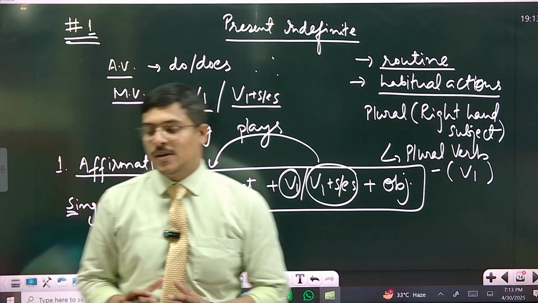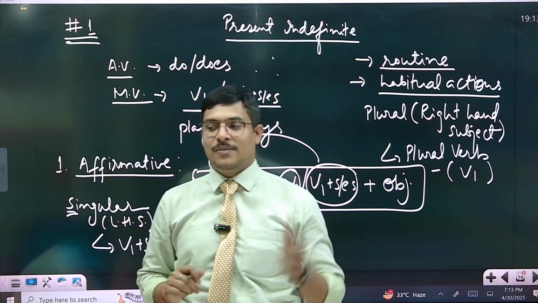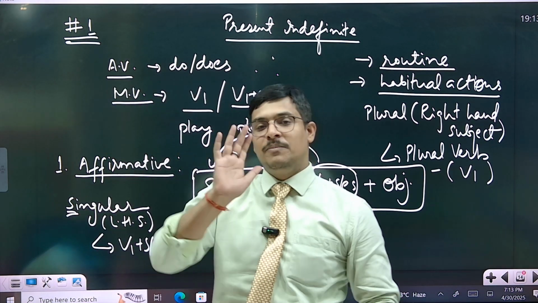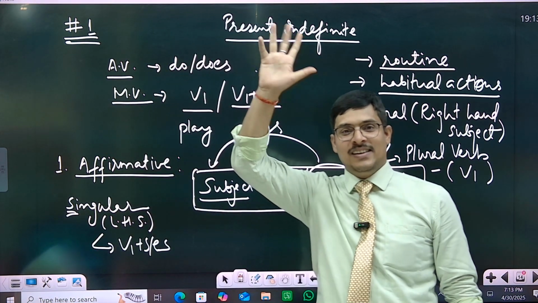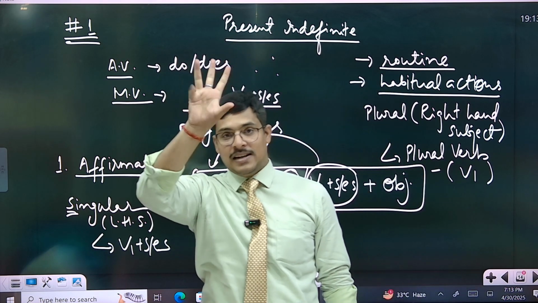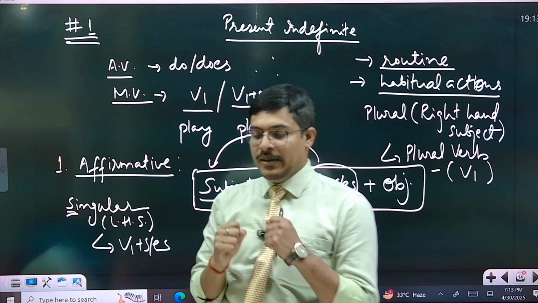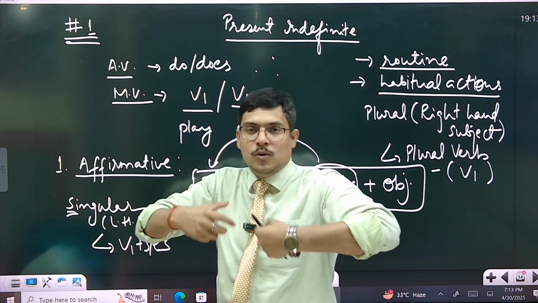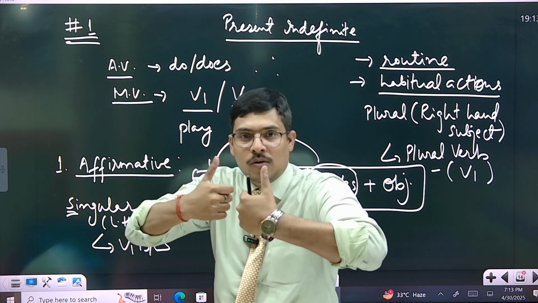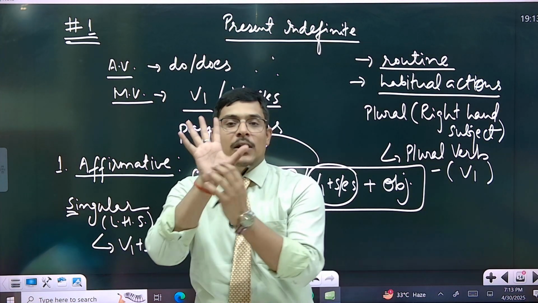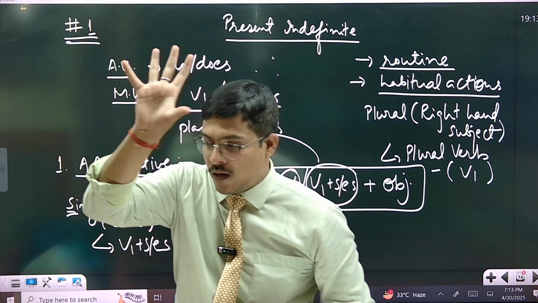Now, what is the concept of right hand subject and left hand subject? Those who are watching this video and if you want to learn, please raise your right hand. I'm going to tell you your right hand subjects. Right hand is strong hand, yes or no? Now, you tell me children, when are you stronger? When you are in group or when you are alone? Naturally, when you are in group, you are stronger.